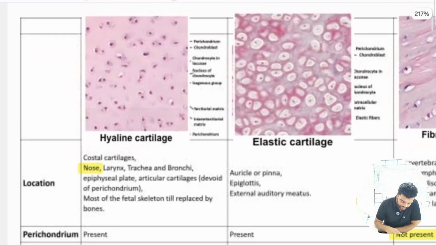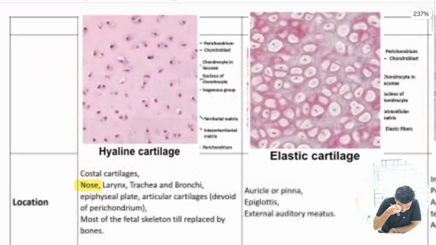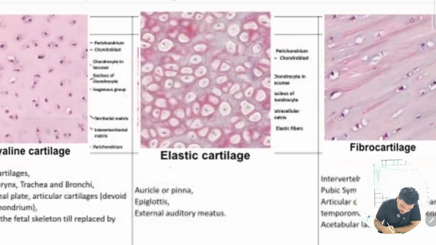So that is why the easy way to identify this is, for the hyaline cartilage there will be small cells, okay? So like the ground glass appearance, small cells will be there. Histology of elastic cartilage, you will be able to see the blackening, okay? Just like in hyaline cartilage, you will be able to differentiate it as black and blue.